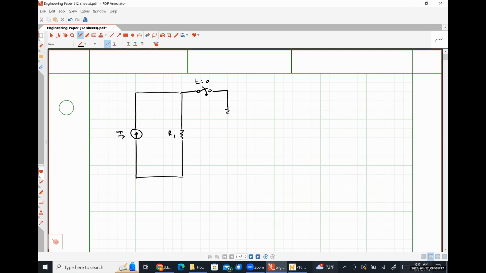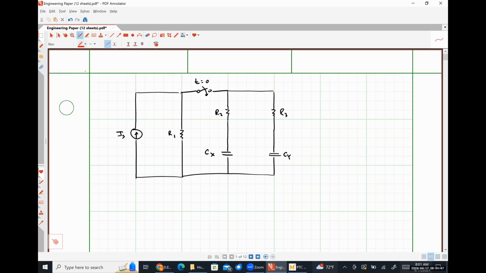Then I had a resistor R2 in series with a capacitor, which I called CX, right? And then over here, I had a resistor R3 that was in series with a capacitor that I called CY.